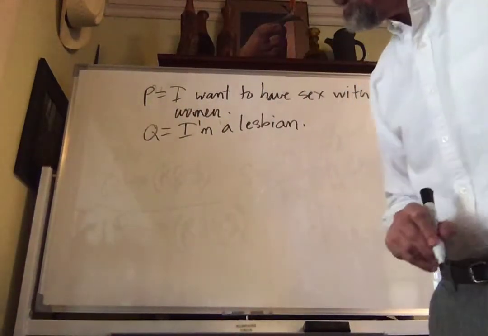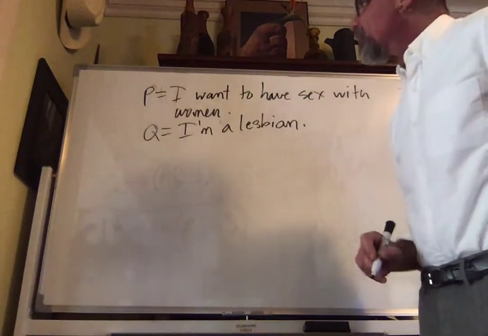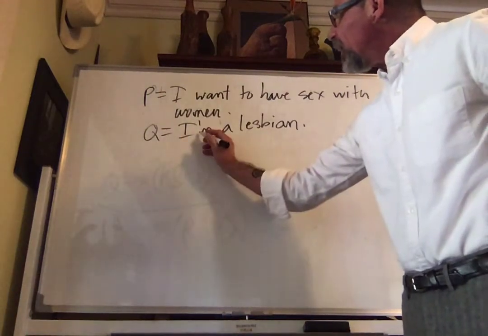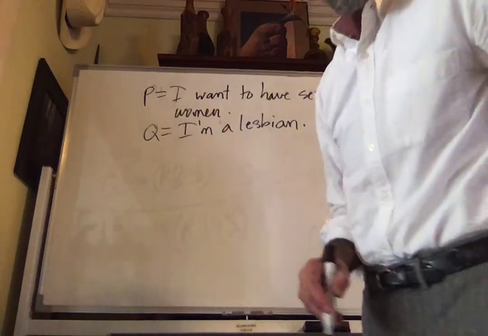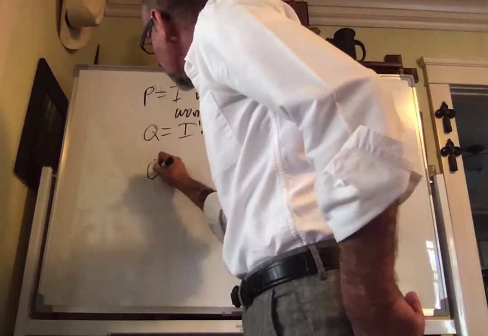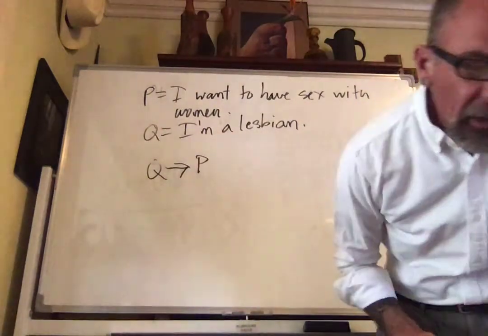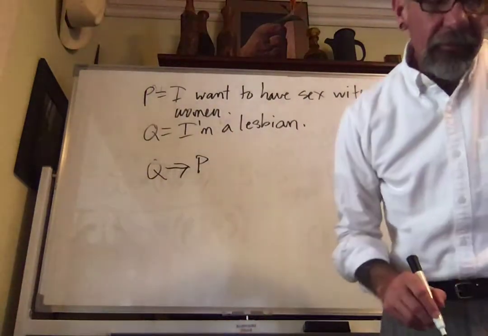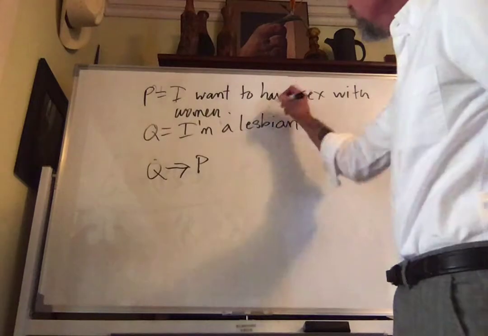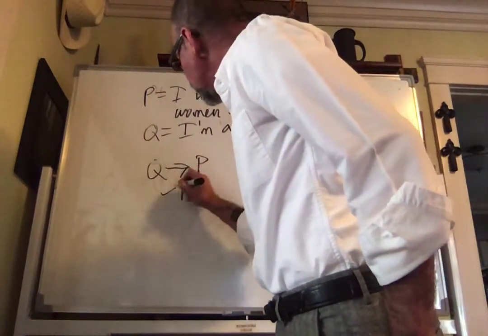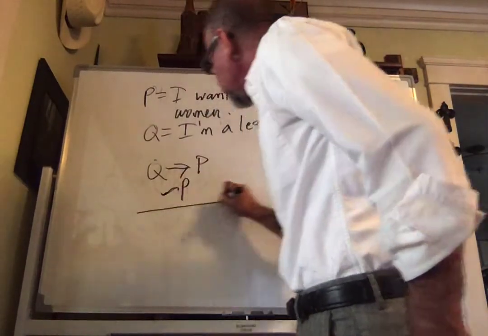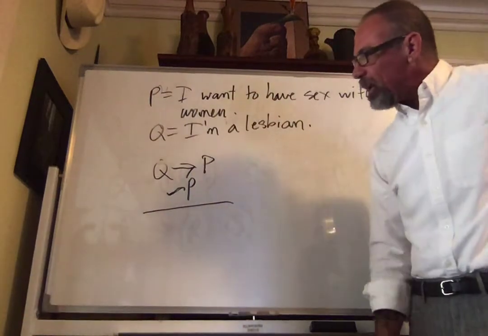And again, understanding that first premise conditionally would be if I'm a lesbian, then I must want to have sex with women. In other words, Q, arrow, P. Then she says, I didn't. In other words, she didn't want to have sex with women. So that's negation sign P. There are her stated premises.